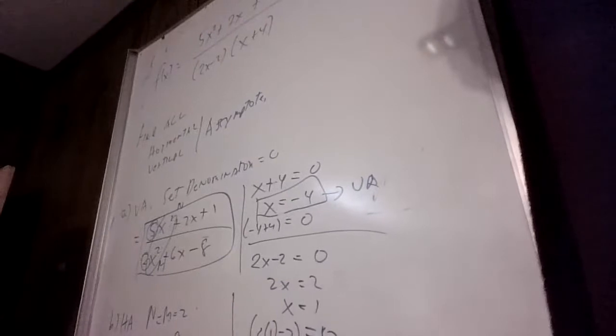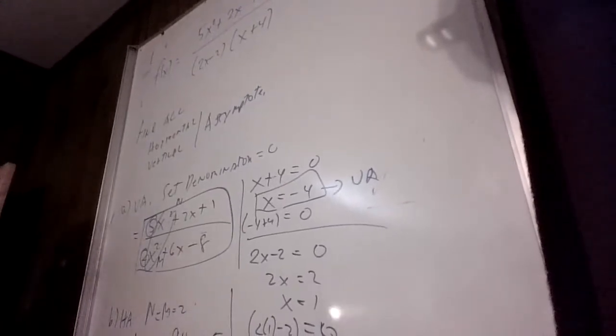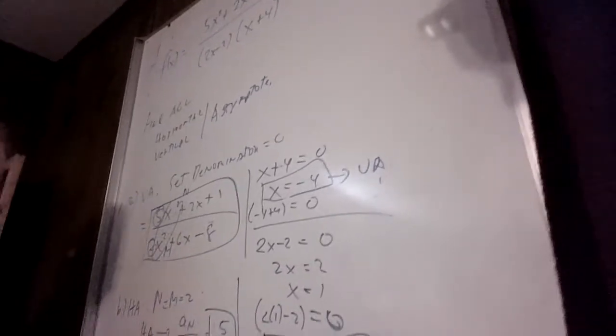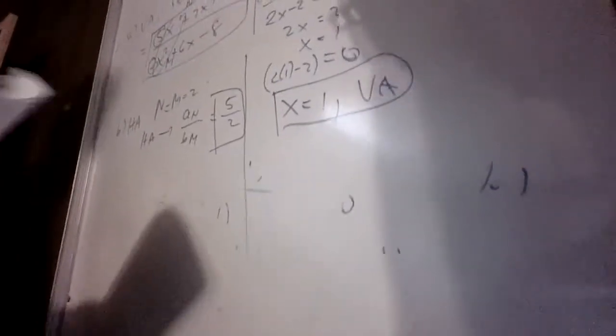So you have two vertical asymptotes and one horizontal asymptote. So this one you got 3 answers. Be careful, you might get one like that on the test.